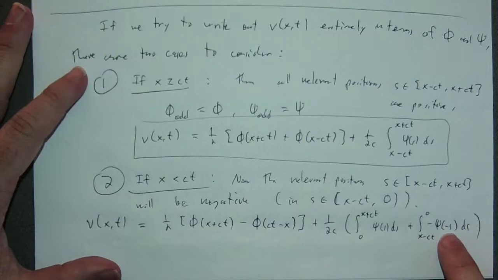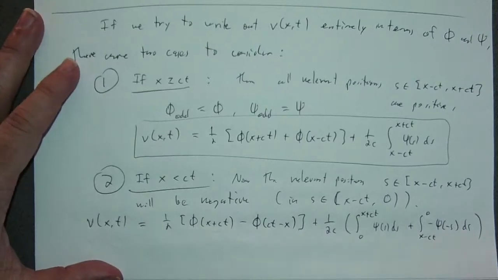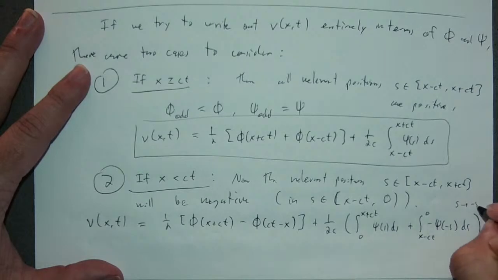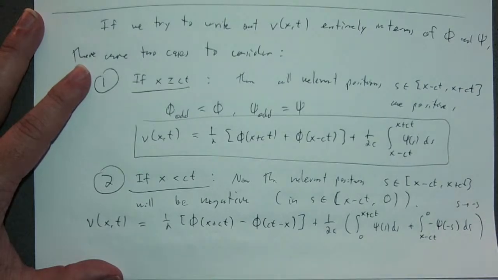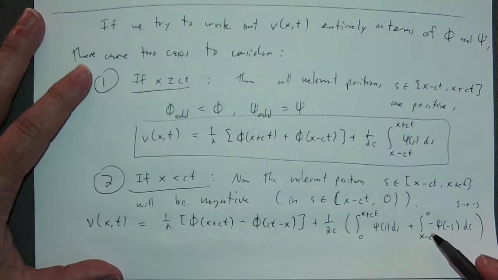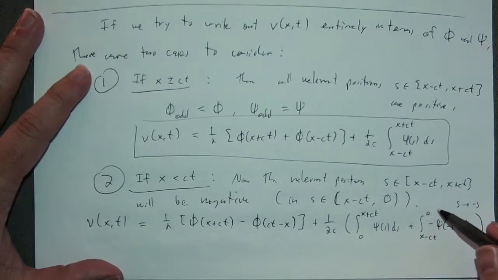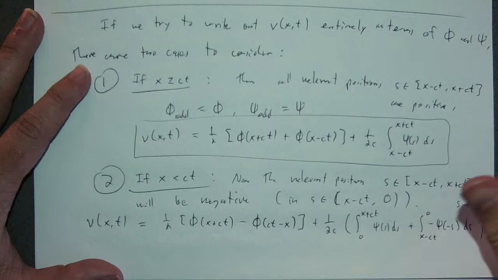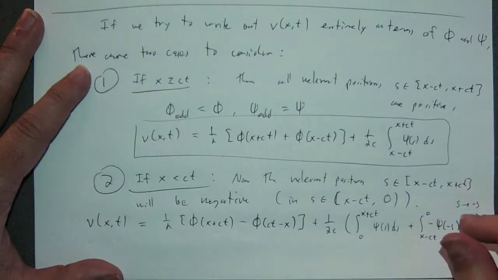So let's be careful here. In this second integral, we can make a change of variable s to minus s. If we do that, the resulting integral is minus the integral from 0 to ct minus x. We can change the order of integration by incorporating the minus sign that we get out of that.